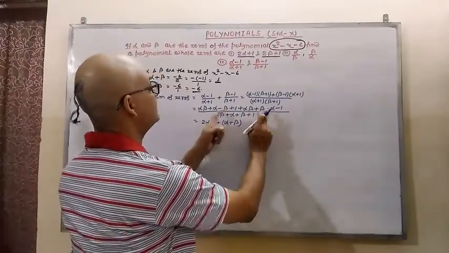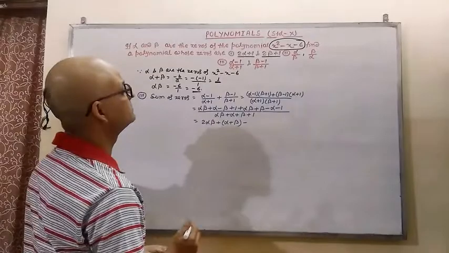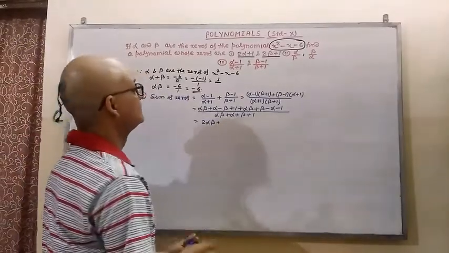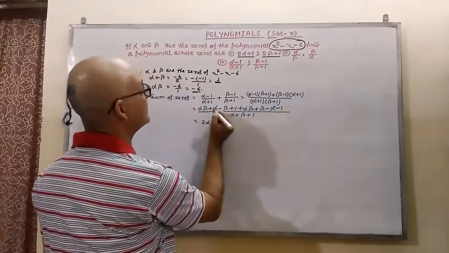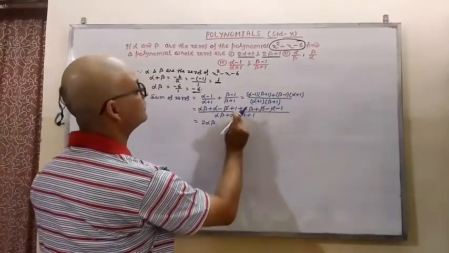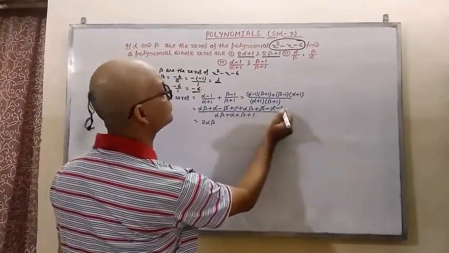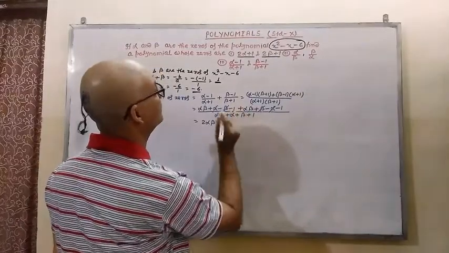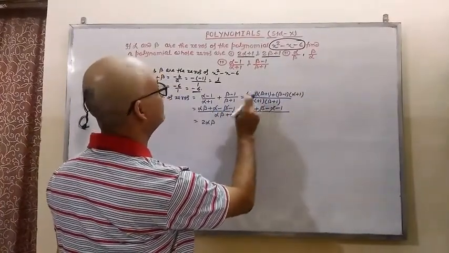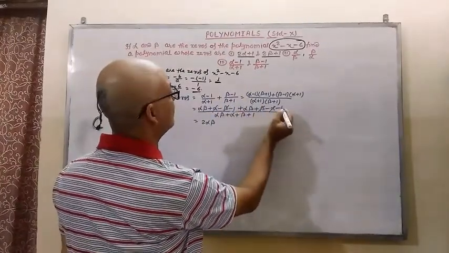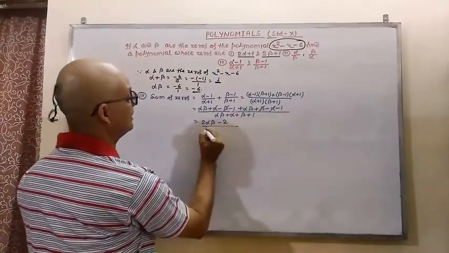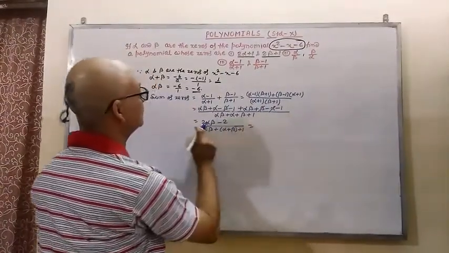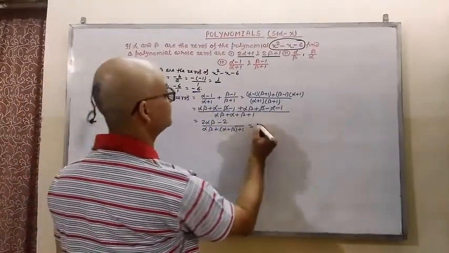Now you see here minus alpha minus beta, so those cancel out. Then minus 1 and minus 1 gives minus 2, divided by alpha beta plus alpha plus beta plus 1. Now 2 alpha beta is 2 into minus 6.